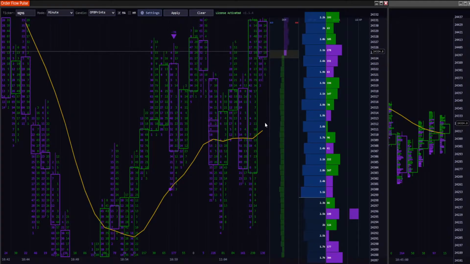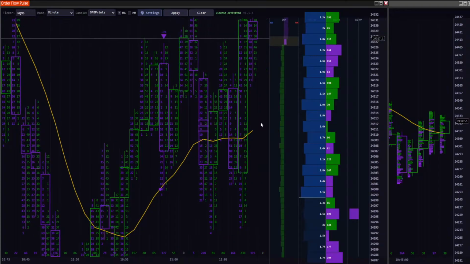This is the stinking environment that we're in. Any other time before this news crap, this would be an ideal short. You had this area right here, you had this area right here.